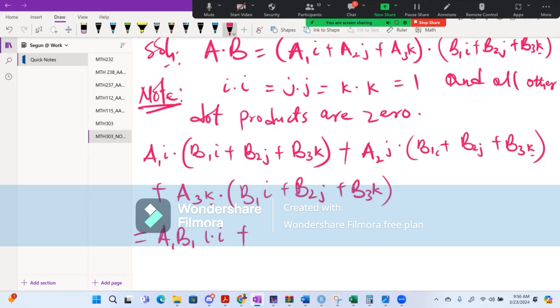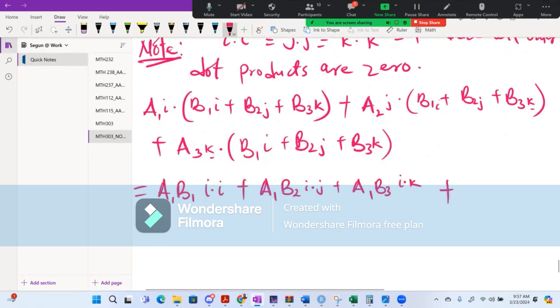Plus the same A1, B2, I dot J. Plus A1, B3, I dot K. So you finish this side.